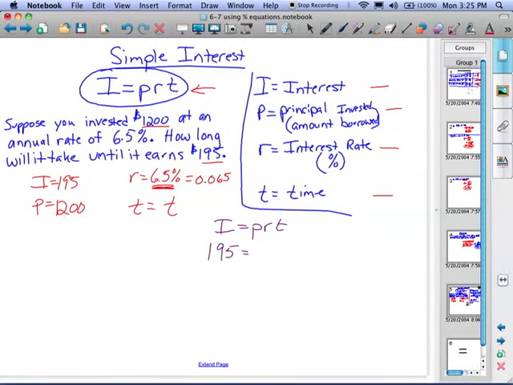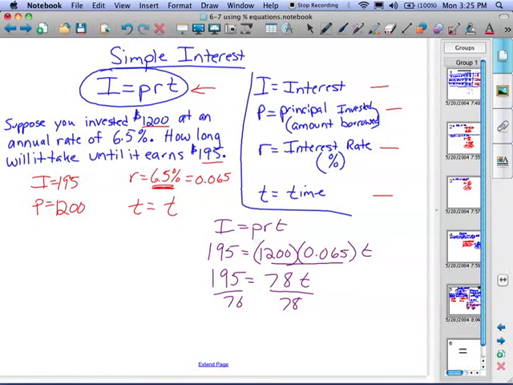So now when we substitute in I equals PRT, $195 equals the principal, which is $1,200, times the rate, times t. We'll simplify a little bit, multiplying the 1,200 and the 0.065, and that leaves us with 78 times t. When I divide both sides by 78 to figure out the variable t, t equals 2.5.